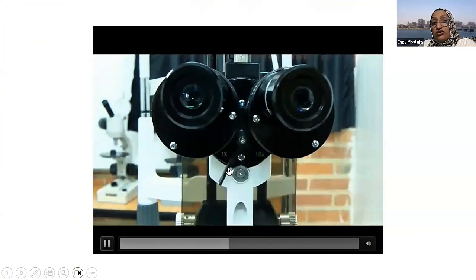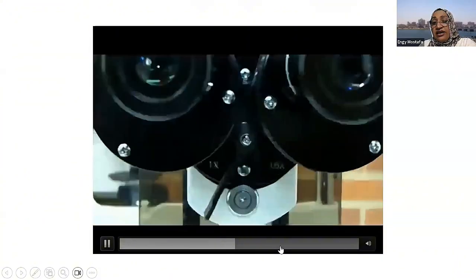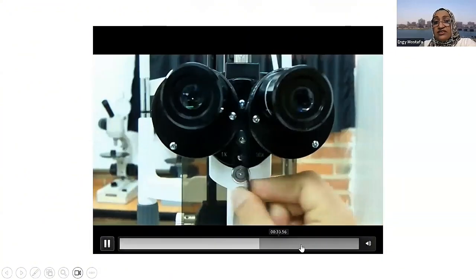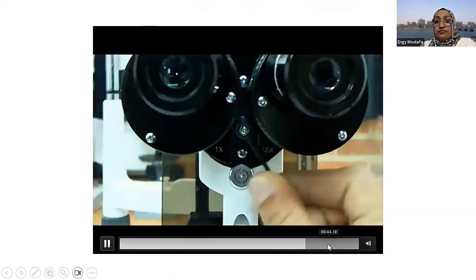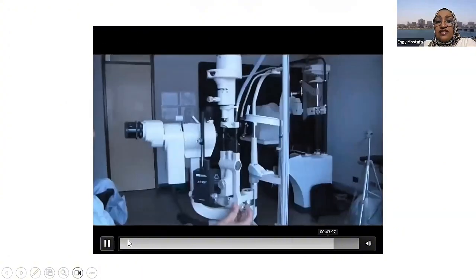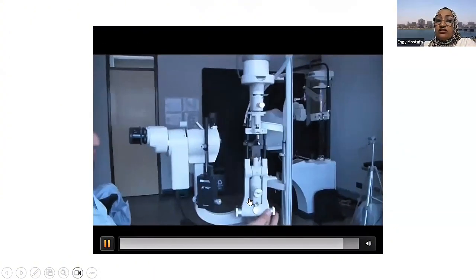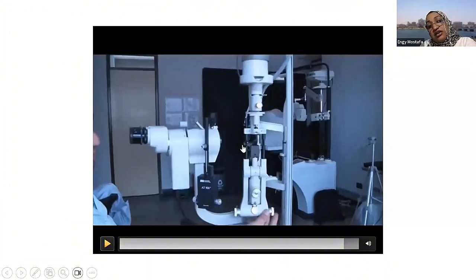You can switch between them according to your examination. And this is the illumination part, which can be moved through about 180 degrees. When you are examining the nasal part, you can go through the temporal and vice versa.